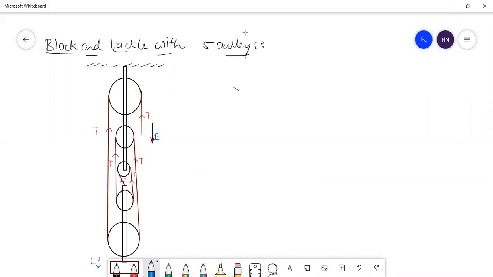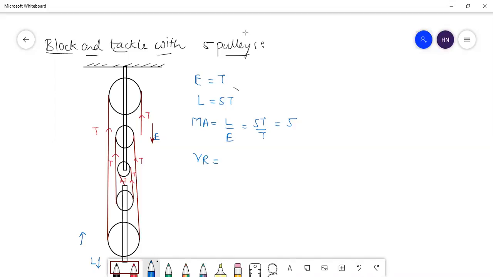Now if I bring the equilibrium case, E is equal to T. The load is balanced by 1, 2, 3, 4, 5, 5 strings, so it becomes 5T. So if I go for mechanical advantage, which is load by effort, it gives 5T by T, which is 5. And when you talk about the velocity ratio, again the same.